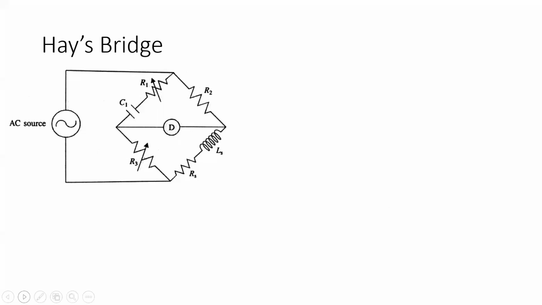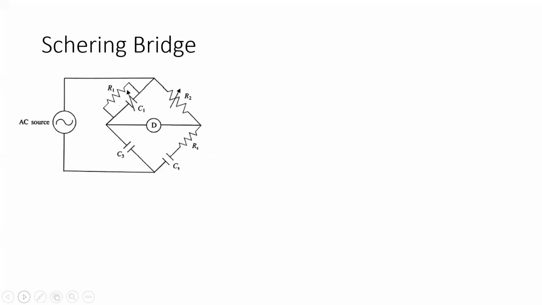Now, those were two bridge circuits to measure unknown inductance. Now, in order to measure unknown capacitance, another bridge was proposed, which is called the Schering bridge. In this bridge, in the unknown arm, there is a series combination of capacitance and resistance.